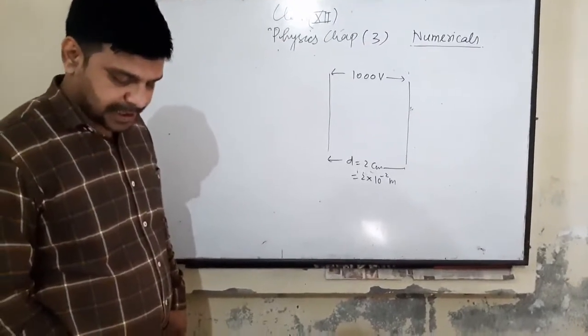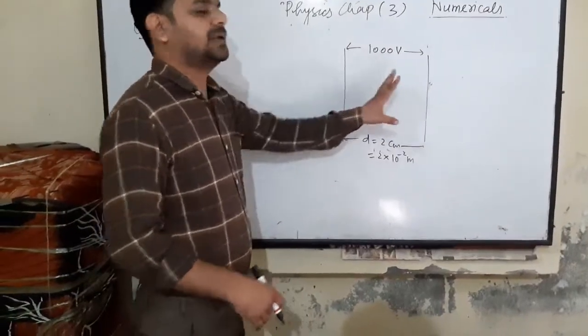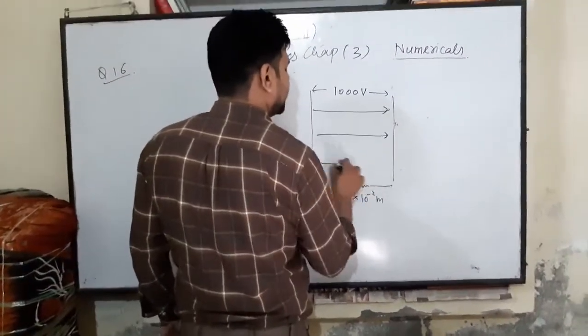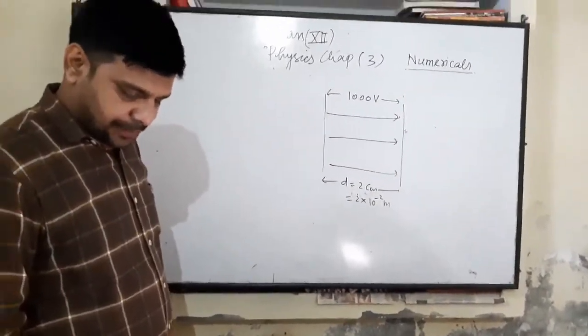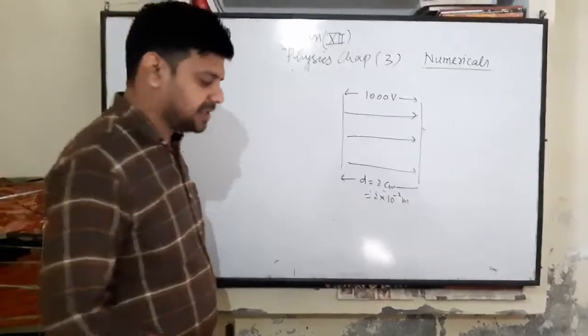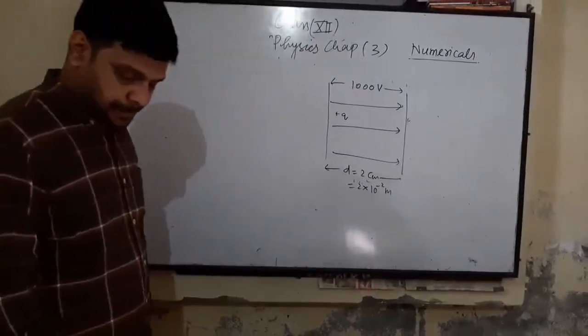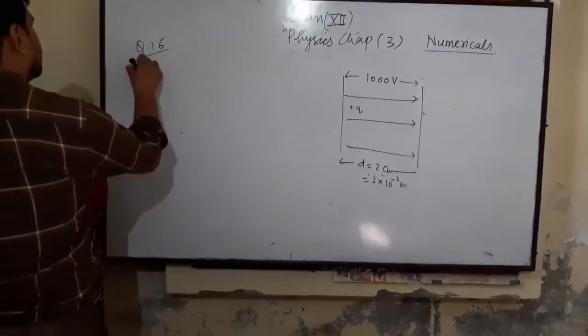A proton is placed between these plates. We have a potential difference set up between the plates, so we have a uniform electric field between the plates. Consider a proton is placed between these plates. Find out the intensity of electric field between the plates.